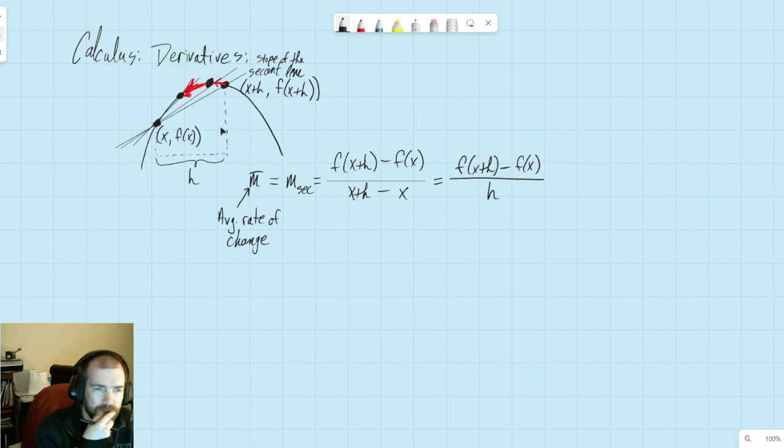We can see that as we start getting closer and closer to the point, our h value is now shrinking down to practically nothing.